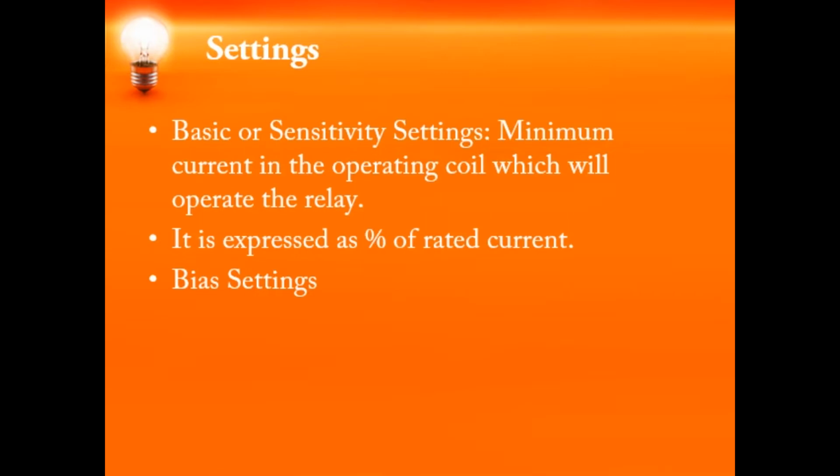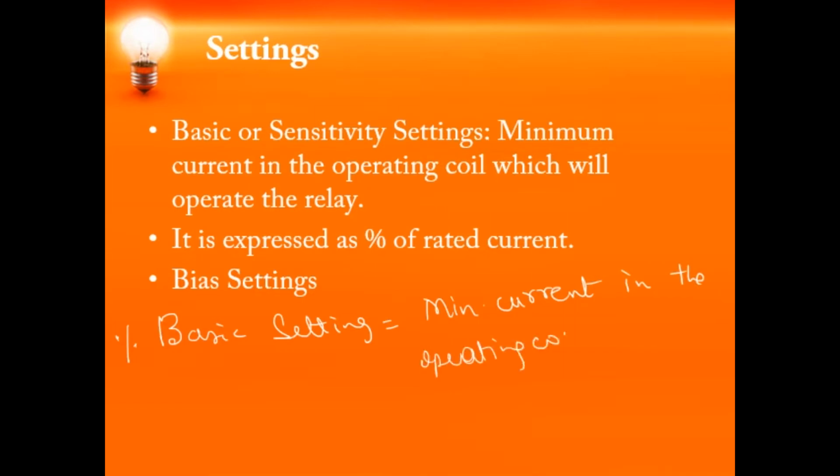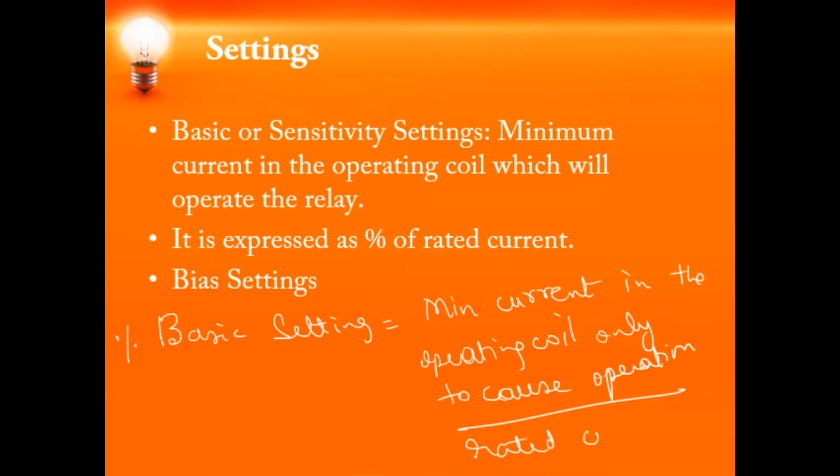So we can say that the percentage basic setting is the minimum current in the operating coil only to cause operation, divided by the rated current of the operating coil.